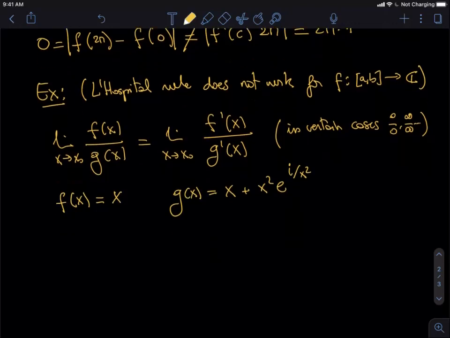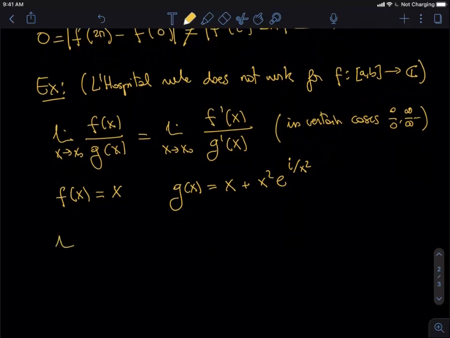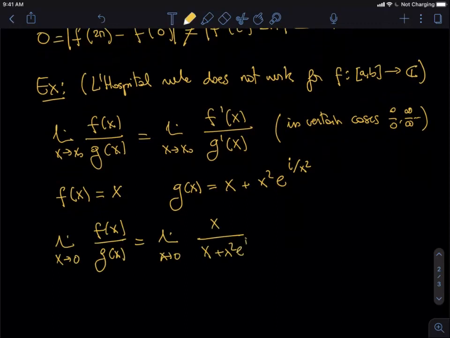Now let's say we want to compute the limit as x tends to 0 of f of x over g of x. This would be the limit as x goes to 0 of x divided by x plus x squared exponential of i over x squared. So I can do some cancellation here: 1 over 1 plus x exponential of i over x squared.